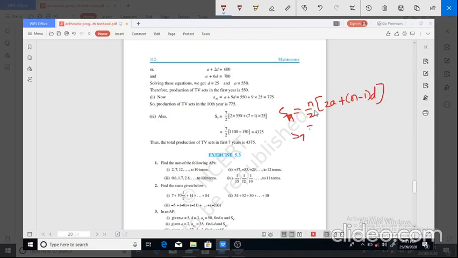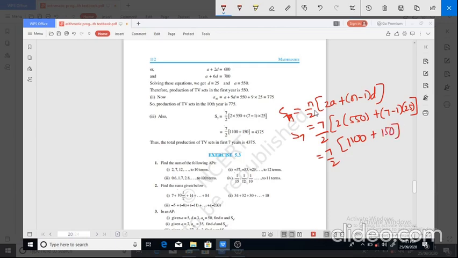So Sn, n is 7, 2 into a is 550, plus n 7 minus 1, d is, what is the d value? 25. 7 by 2, 550 into 2, that is 1100. 7 minus 1, 6, 6 into 25, 150.